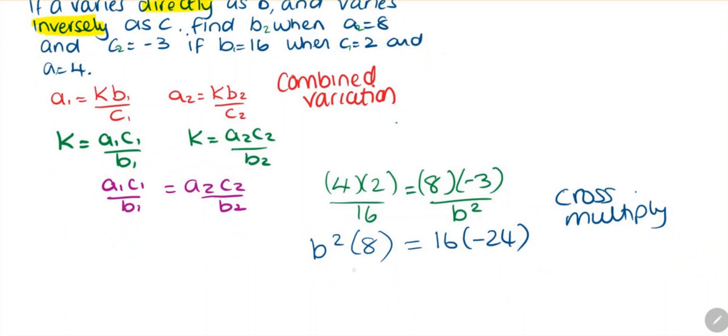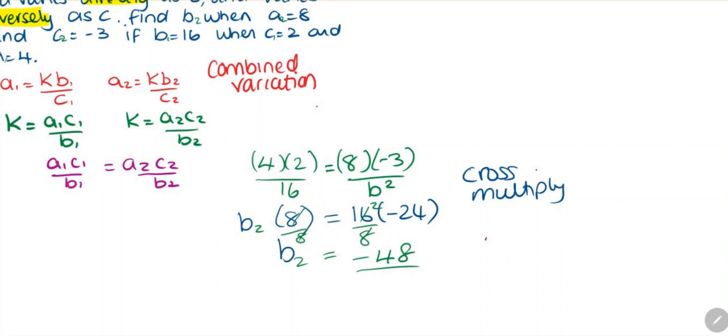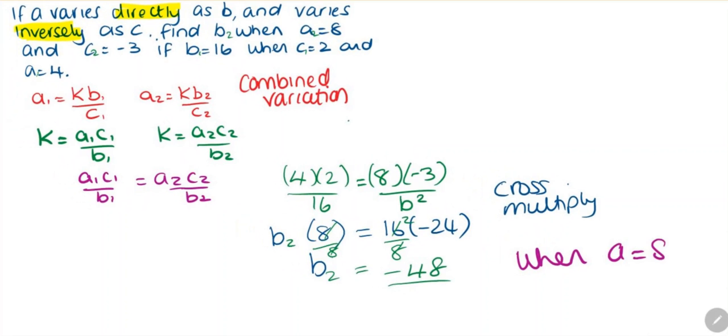I'm going to divide both sides by 8, so b2 is equal to minus 48. So it says find b when a is 8, so when a is 8 and c is minus 3, b is minus 48.